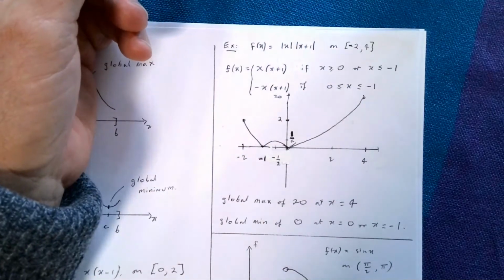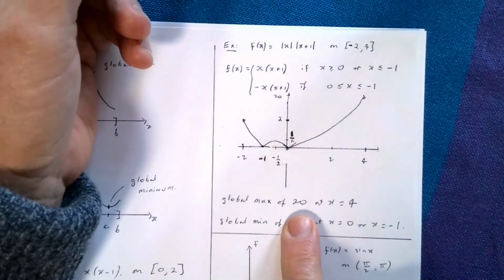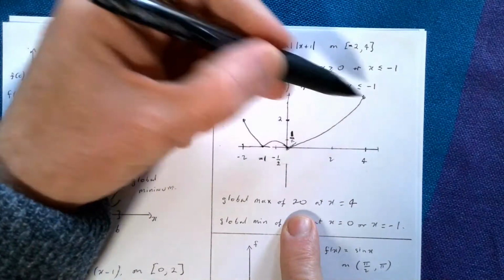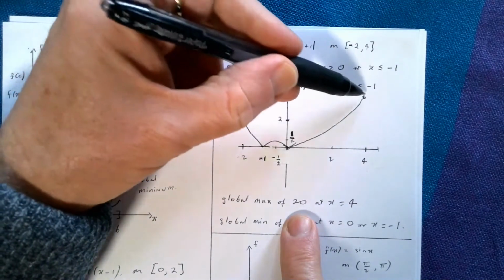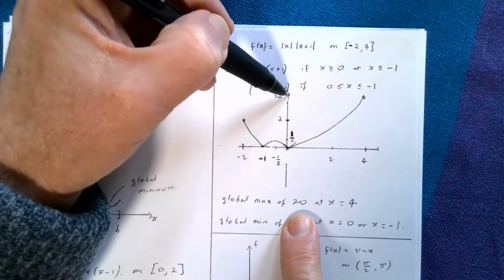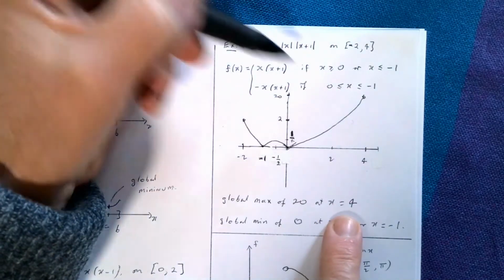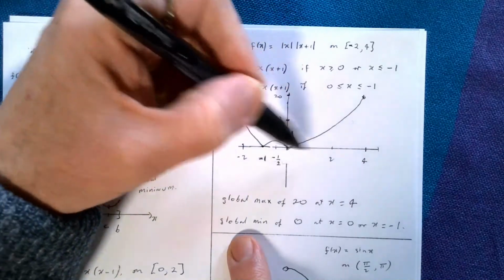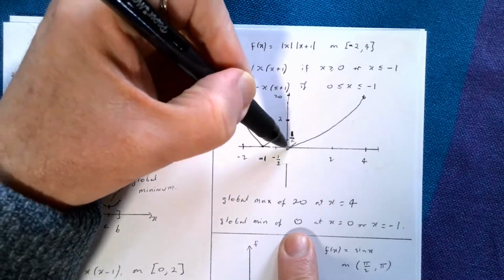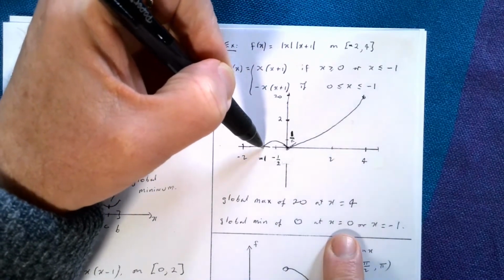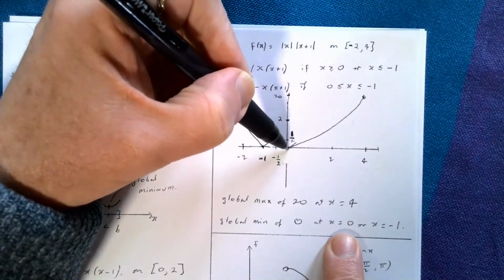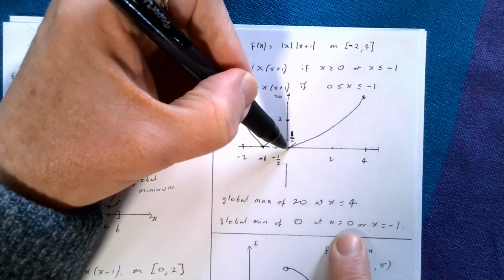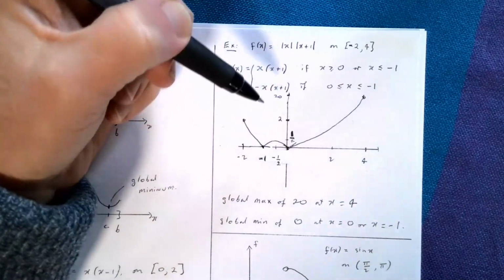So we can read off that this is going to have a global maximum of 20, at x equals 4, and a global minimum. The smallest it can ever go is 0, and that happens at two different places, so it's got a global minimum of 0 at x is 0 or x is minus 1.